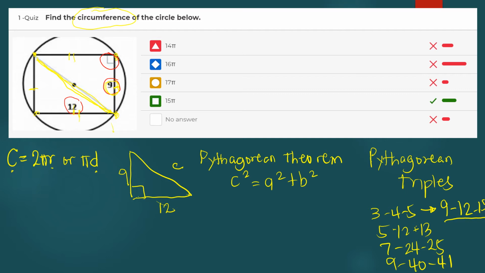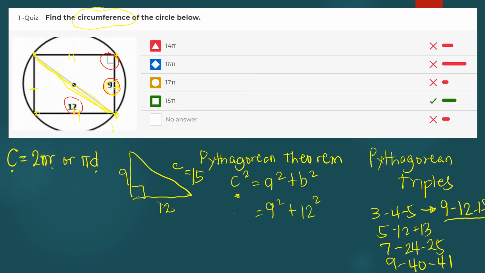So if that's the case, we can identify the value of c here as 15 even without actually solving. Okay, so we can say that c here is equal to 15. You can recheck if c here will really be 15 by substituting the values 9 and 12 here.